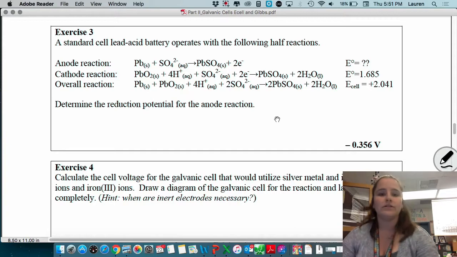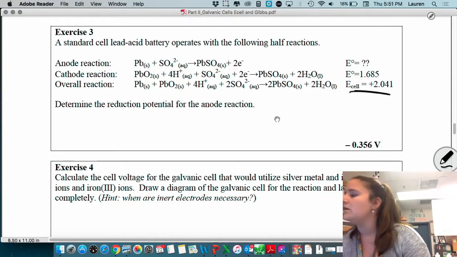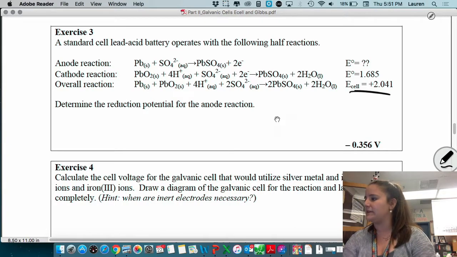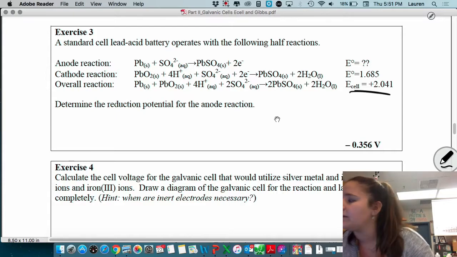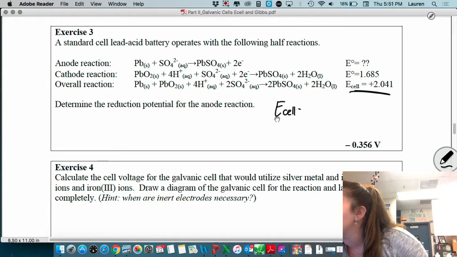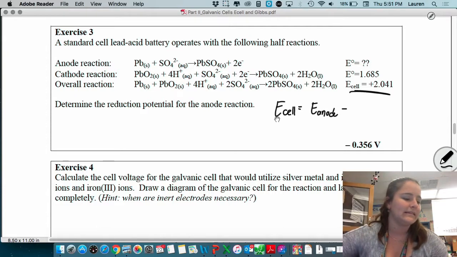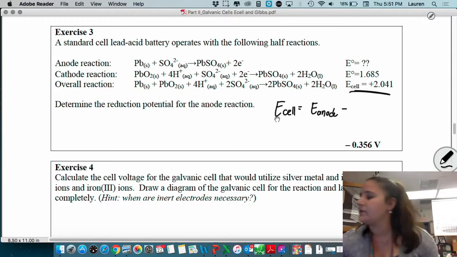Okay, so we got our E cell. Which one of these is going to be oxidized? Well, we actually can't tell. We're just going to use the formula. E cell equals E anode minus E cathode. Nope, sorry, backwards.